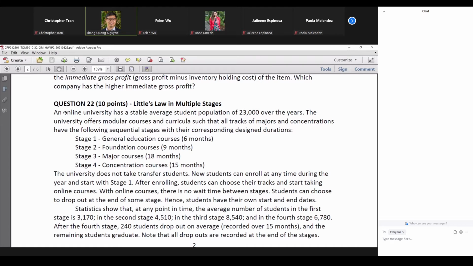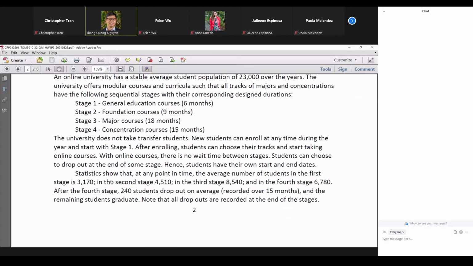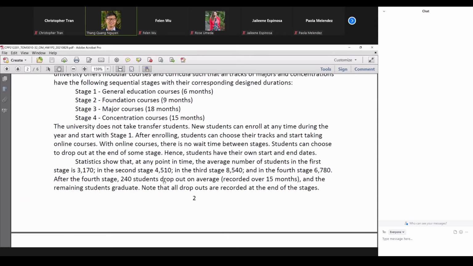So in this online university, there are 4 stages: general education, and then foundation, major courses, and then concentration courses, right? So the student will have to go through all 4 stages. Stage number 1, 6 months, and then stage number 2, 9 months, on and on. And down here, I also give you some numbers, okay?